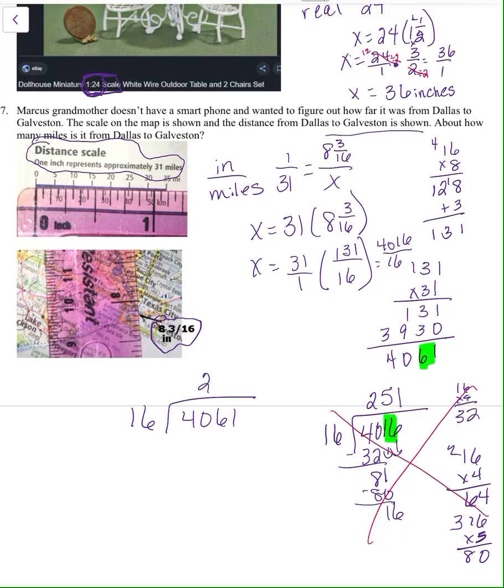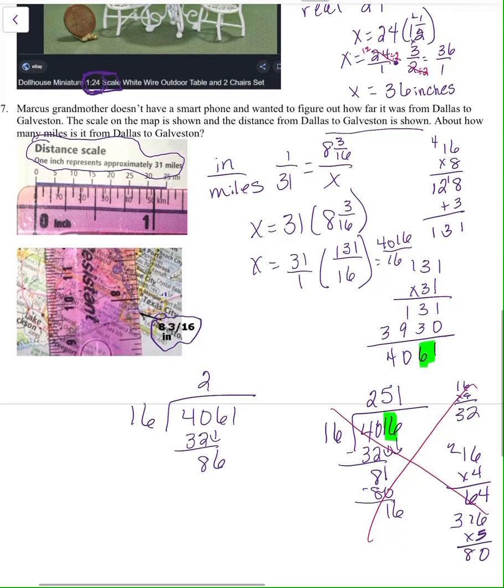Okay, this is still going to go twice though, so that would be 8, and I bring down my 6 and not the 1, and that is still going to go 5 times because that will still be 80. This is the part where it'll change: 61. We did 16 times 4 was 64, and that was too big, so we'll do 3. 16 times 3 is 48.